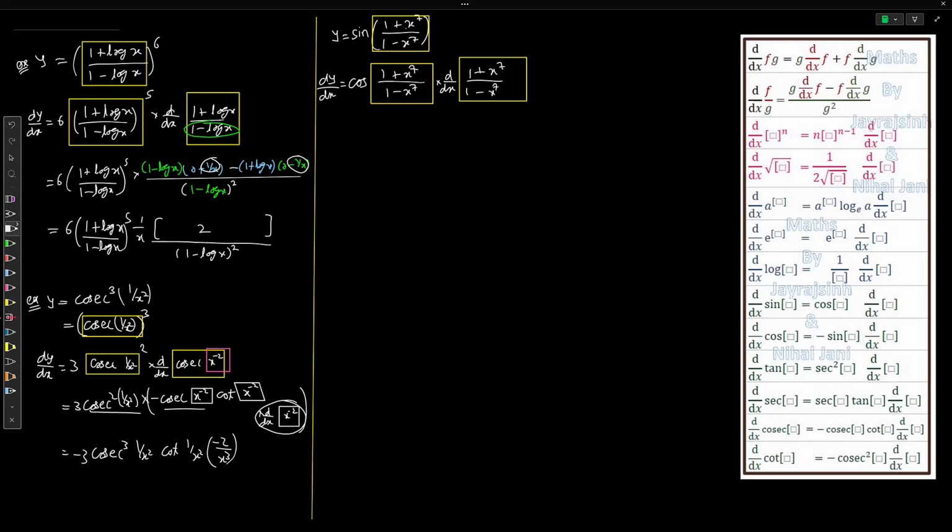So the next step is cos of 1 plus x raised to 7 upon 1 minus x raised to 7 as it is, into differentiation of this.